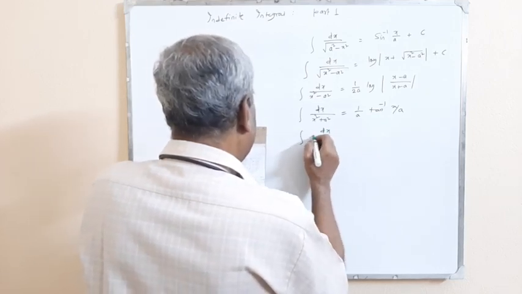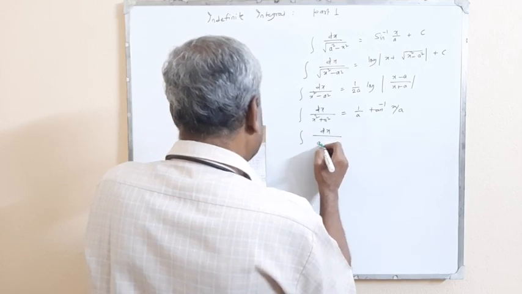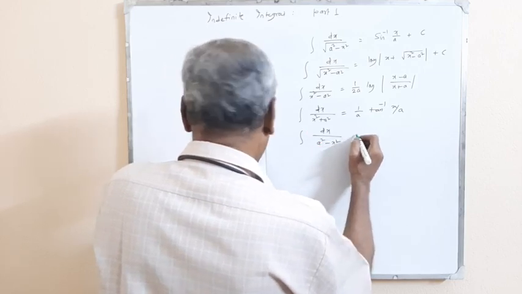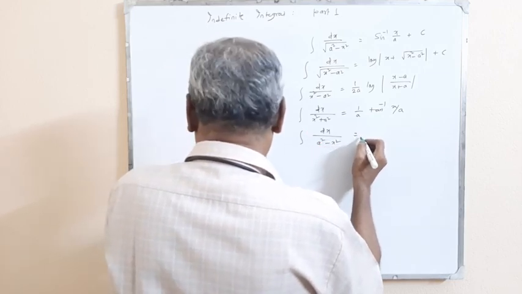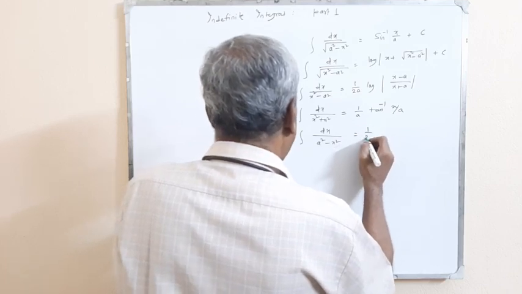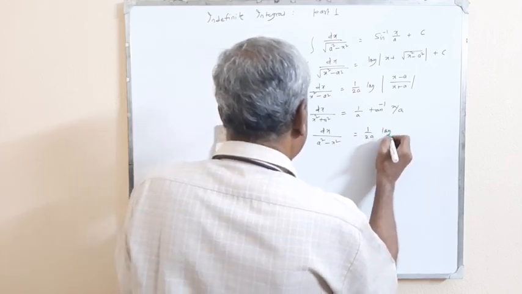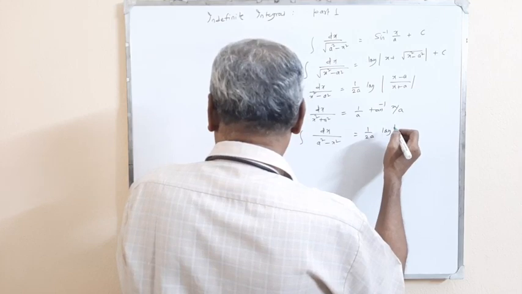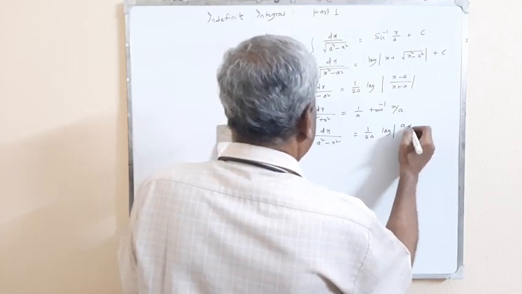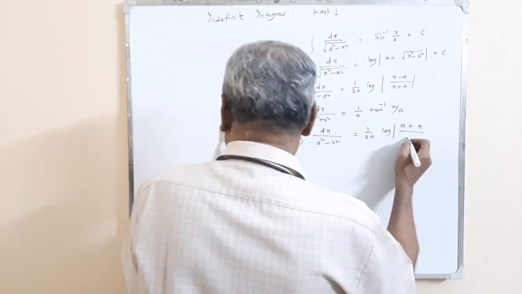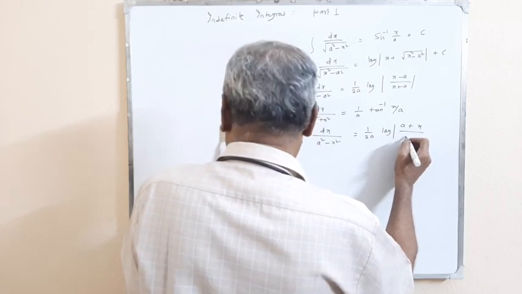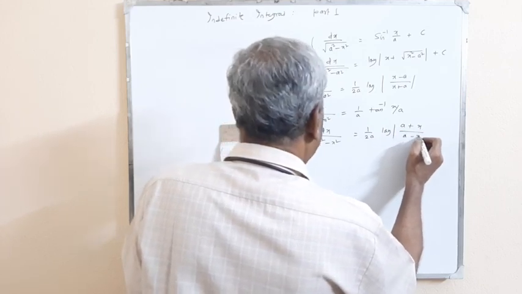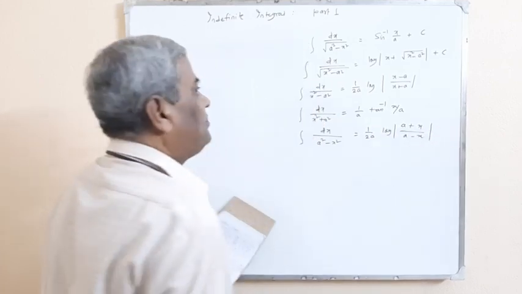The integral of dx by a square minus x square is equal to 1 upon 2a log of mod of a plus x by a minus x plus c.